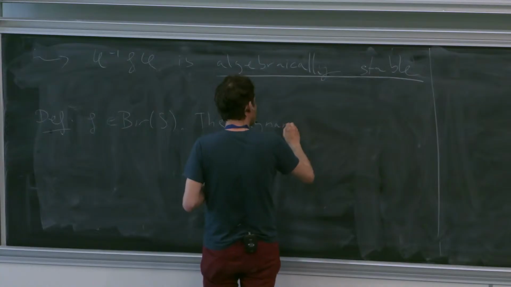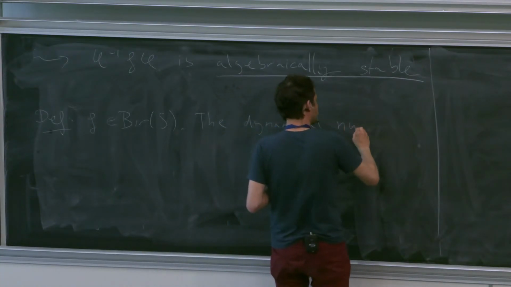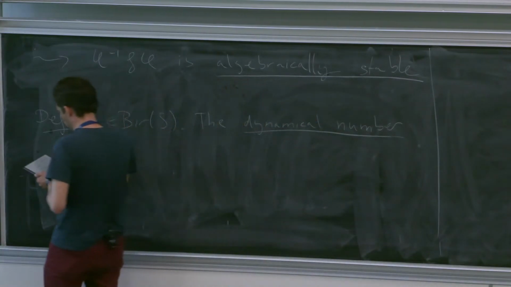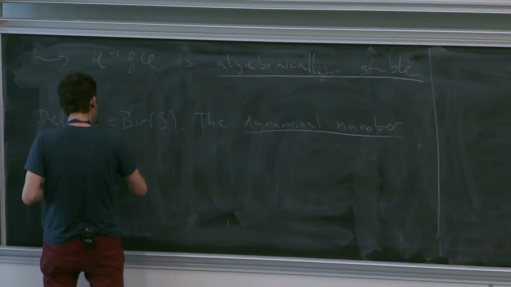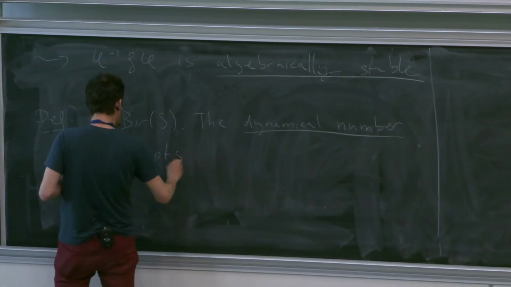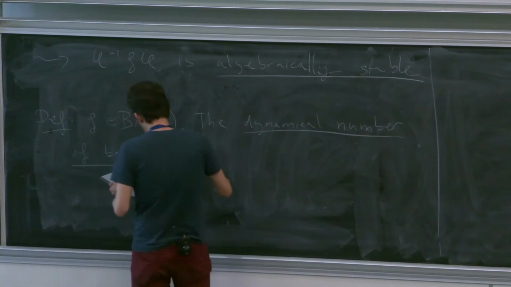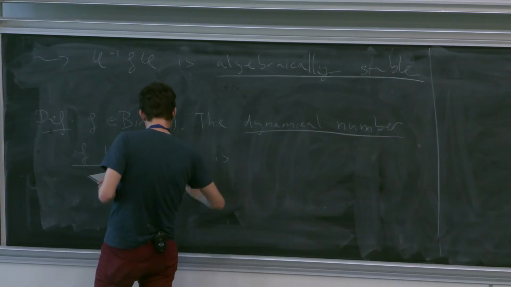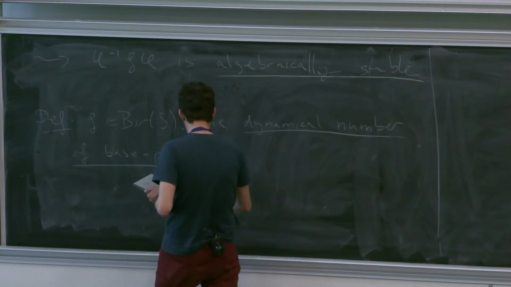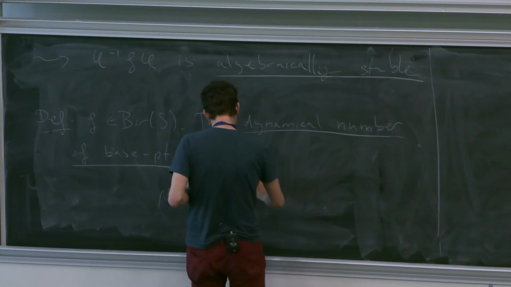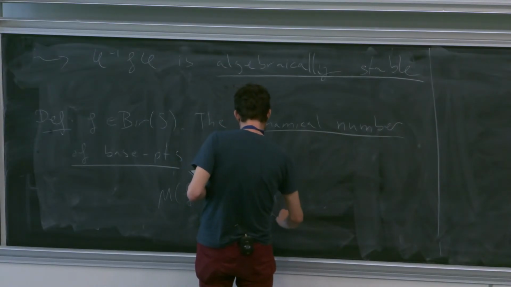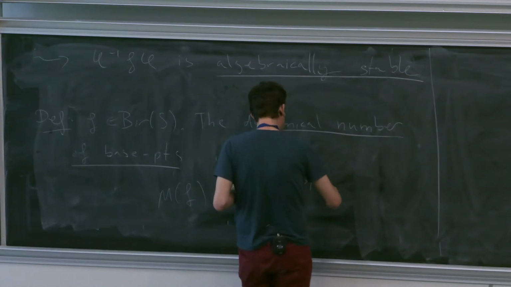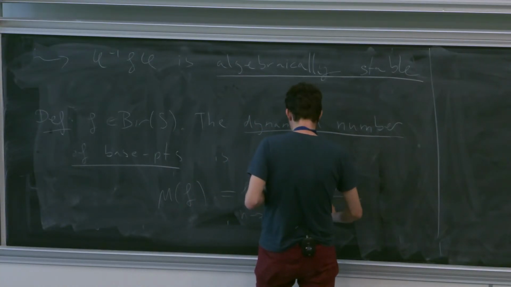So the dynamical number of base points is given by, call it mu f, the limit as n goes to infinity of the number of base points of f iterated n times divided by n.